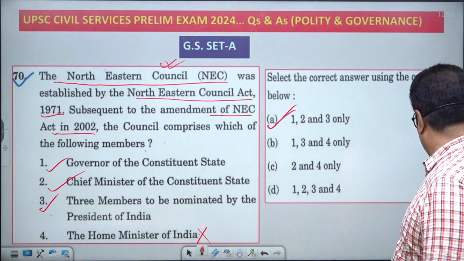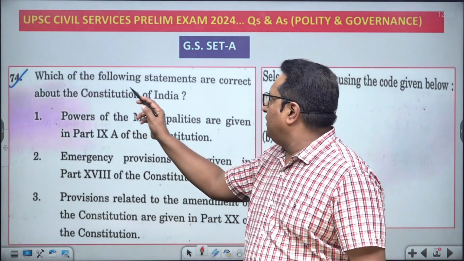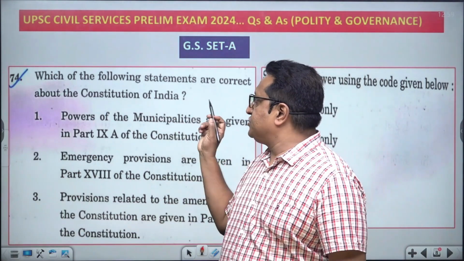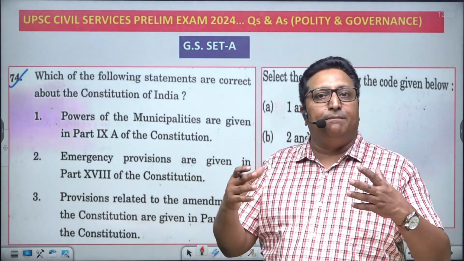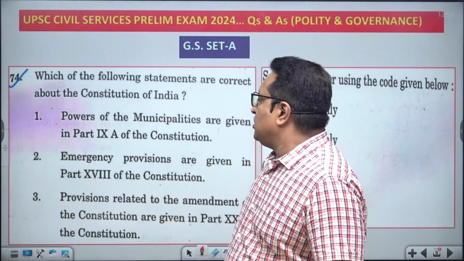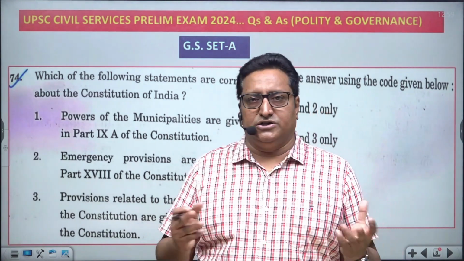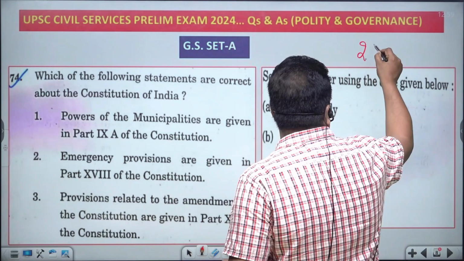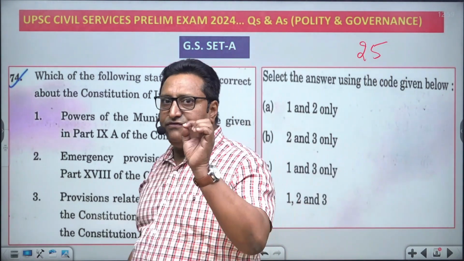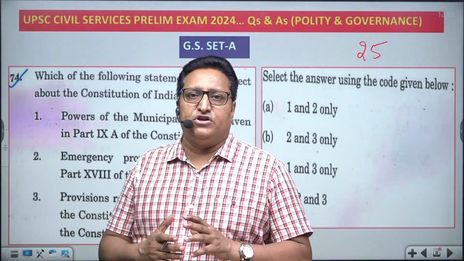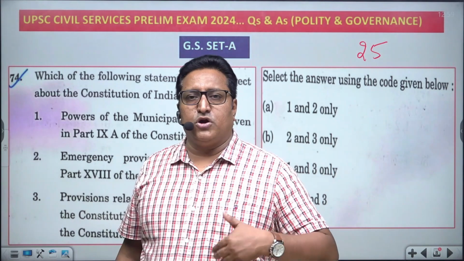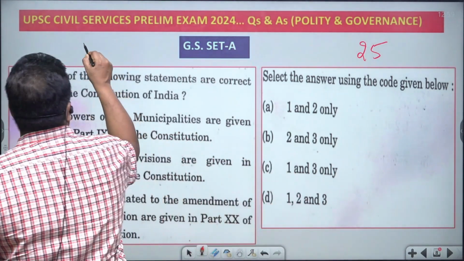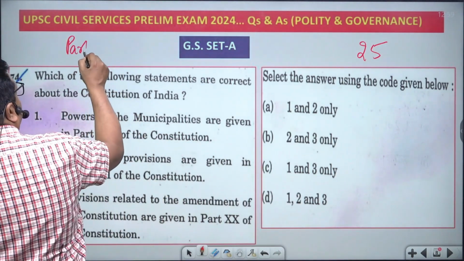Okay, so next question. Which of the following statements are correct about the Constitution of India? So now it's about the Constitution of India. So Constitution of India has many parts. How many parts? Altogether 25 parts. Originally, in 1950, when the Constitution was brought into commencement, there were only 22 parts.